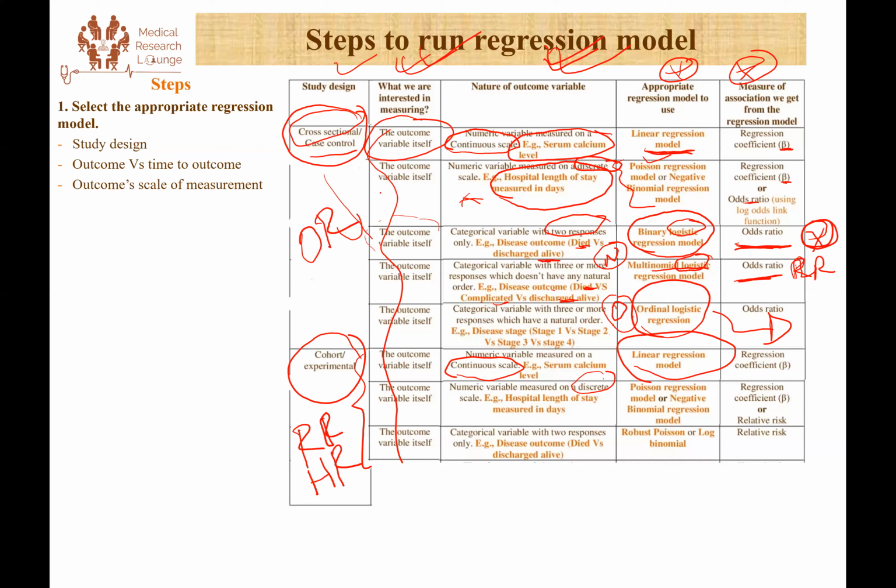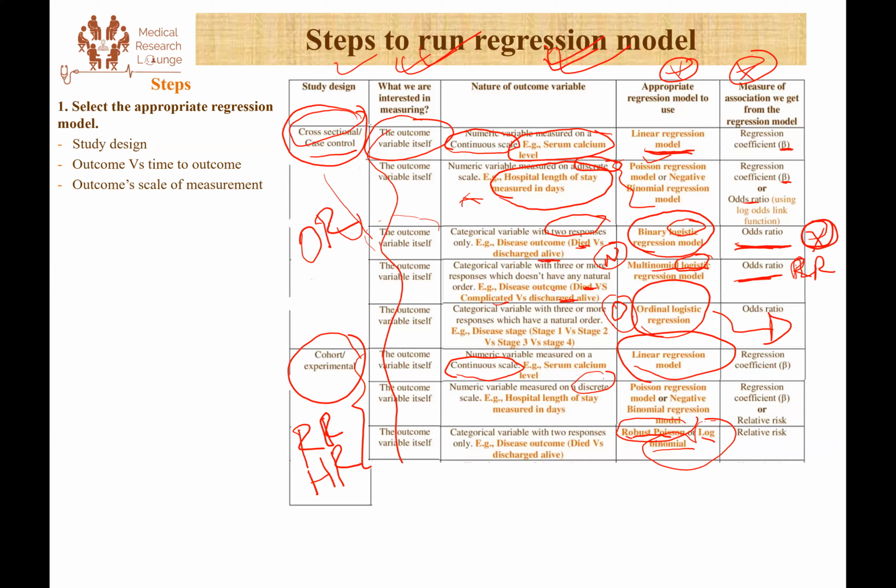So to get relative risk or hazard ratio, we shouldn't use logistic regression. Rather, there are models called the robust Poisson regression model and the log binomial regression model, which can give us relative risk for a binary outcome. When the assumptions of the robust Poisson regression model fail, you can use the log binomial regression model. That's why I put them as or.